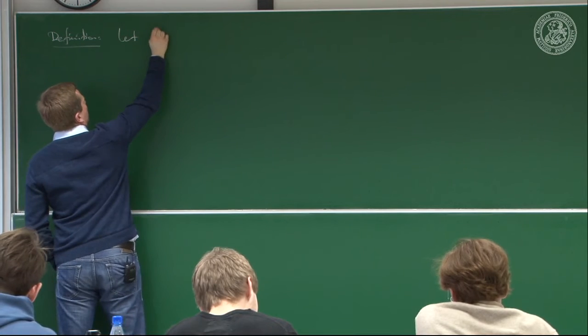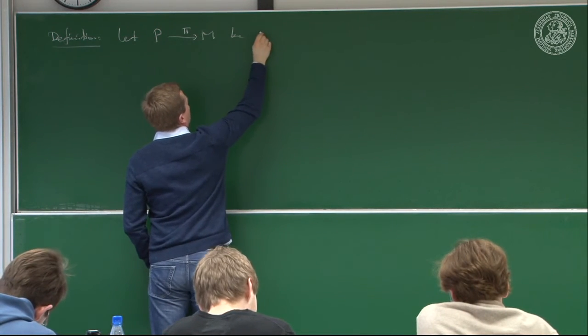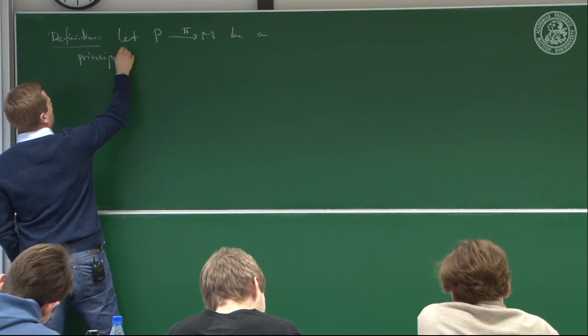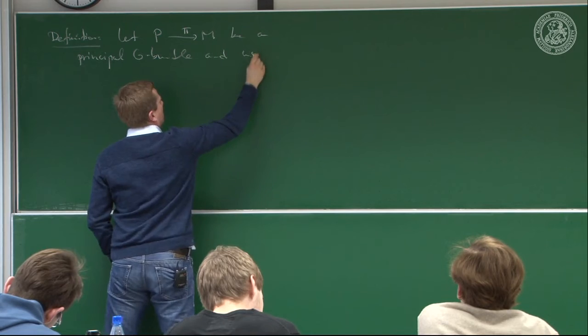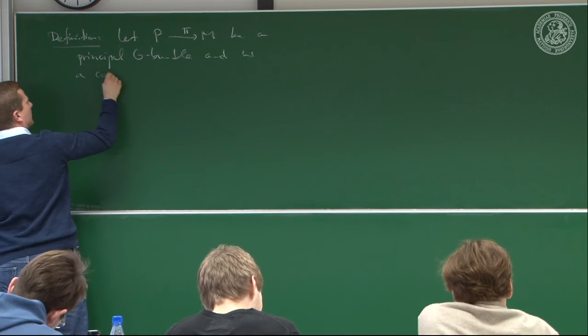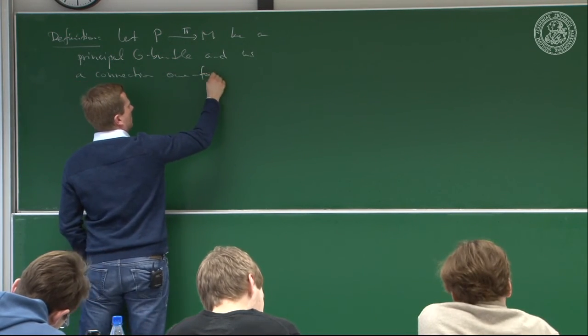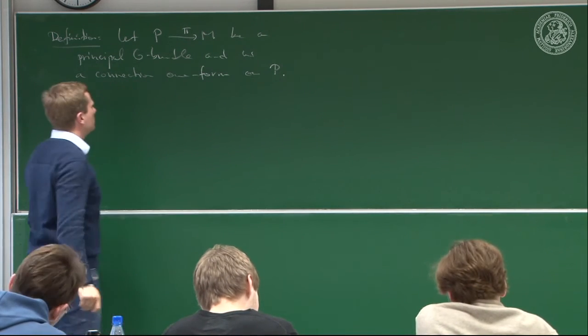Let P, pi, M be a principal G bundle and omega a connection 1-form on P, on this principal bundle.